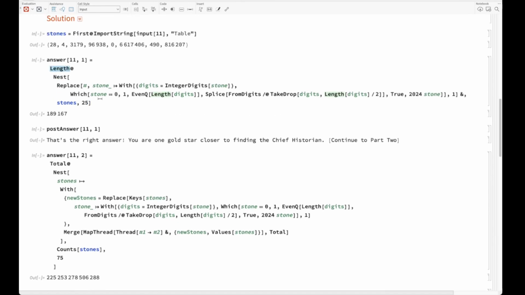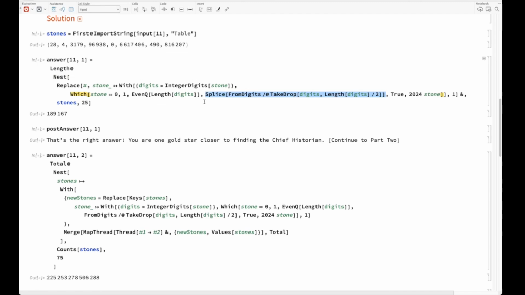But the problem was that it's not very efficient, because the number of stones keeps increasing, since there's some possibility of increasing twice when you split the stones. It's not exactly exponential, but it's increasing.